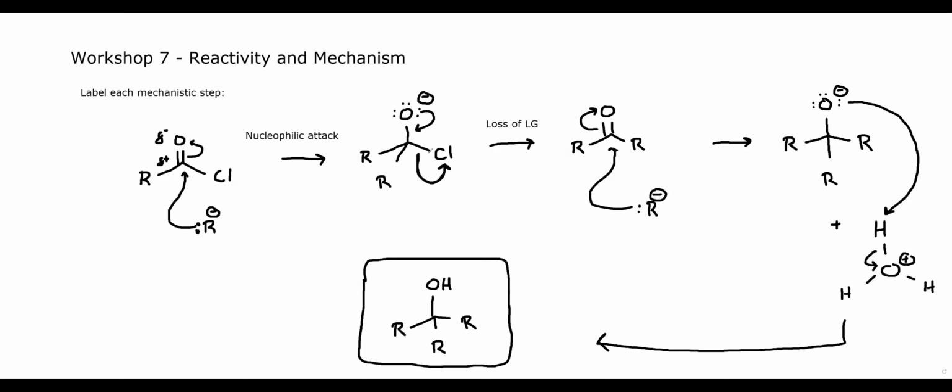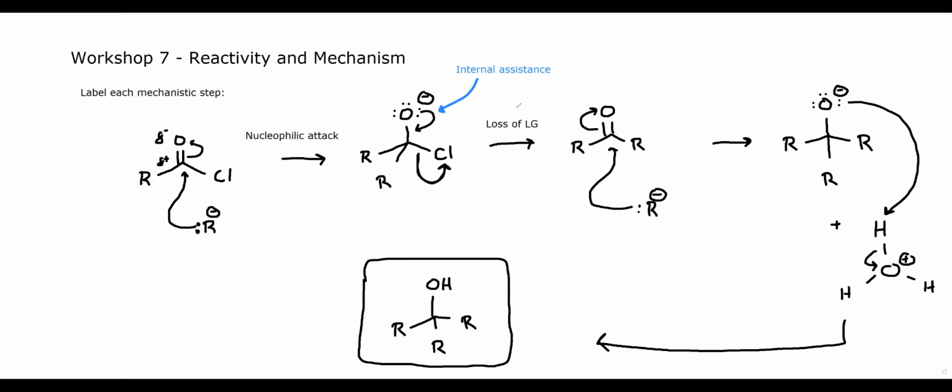Now on carbonyls, or when we have an adjacent atom with lone pairs, we can get this extra little arrow here, which is called internal assistance. I'm going to draw a blue arrow to it. That's this little extra arrow right here.